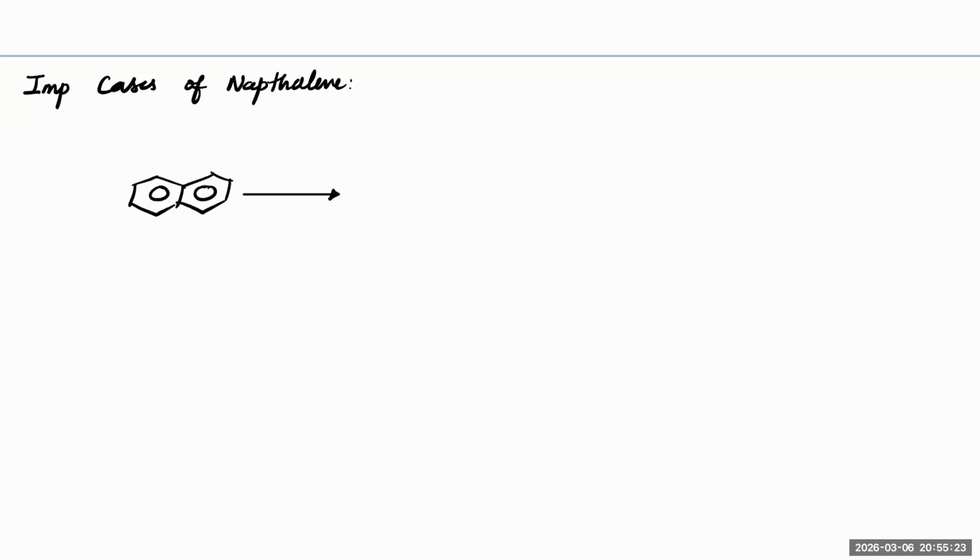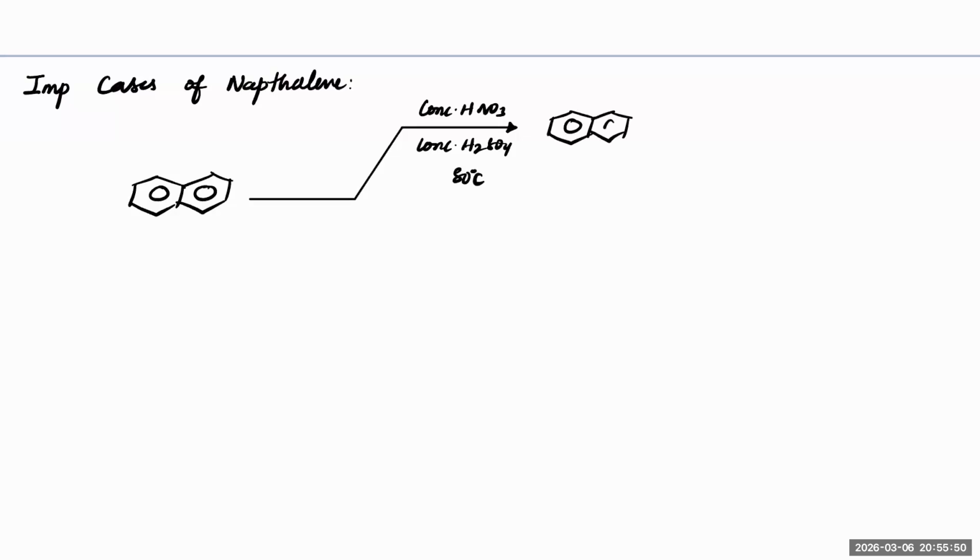But in certain cases, it also depends upon temperature. So in case you are doing a nitration using concentrated HNO3 and concentrated H2SO4, but you're operating this at 80 degrees Celsius, in that case, we will add at the alpha position here.